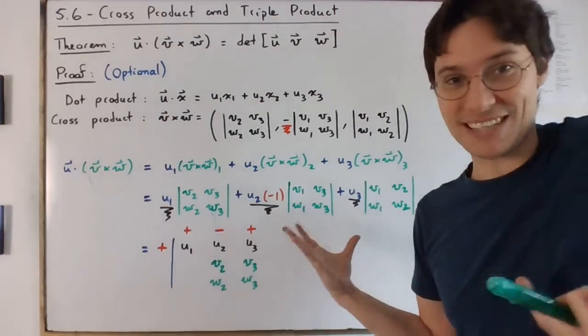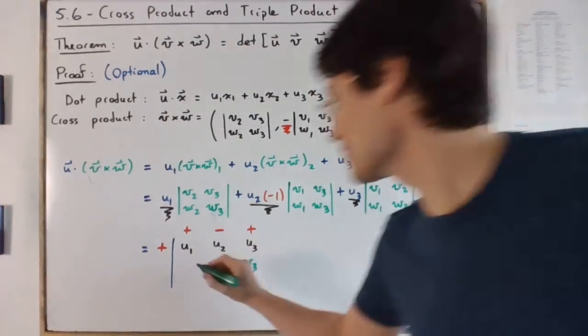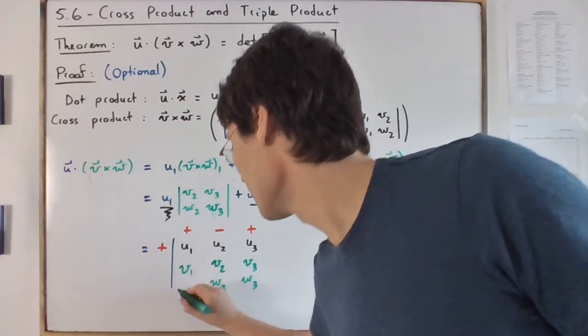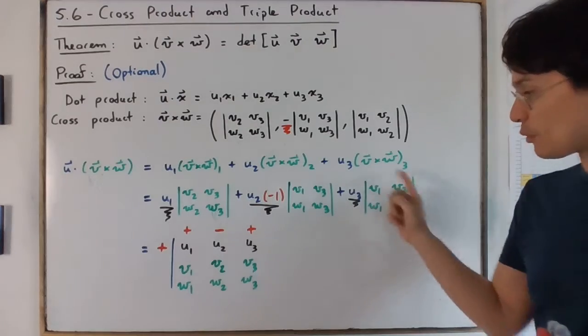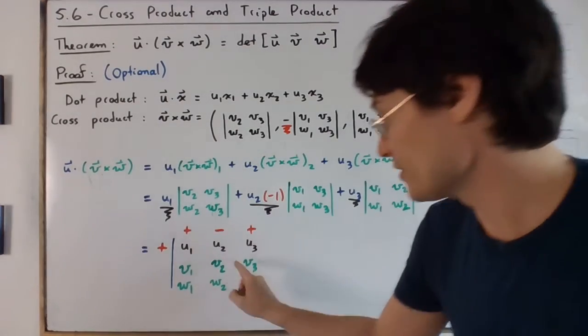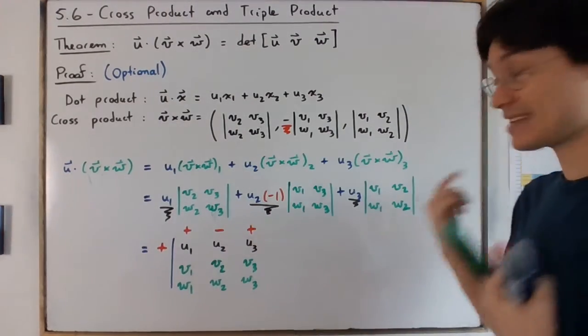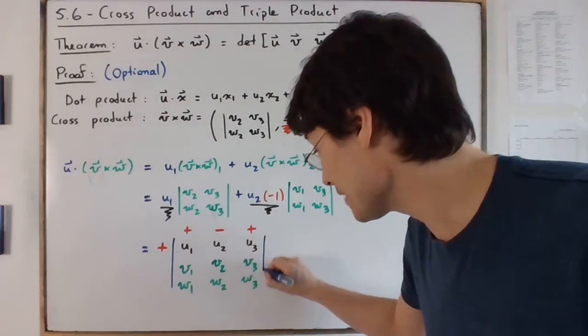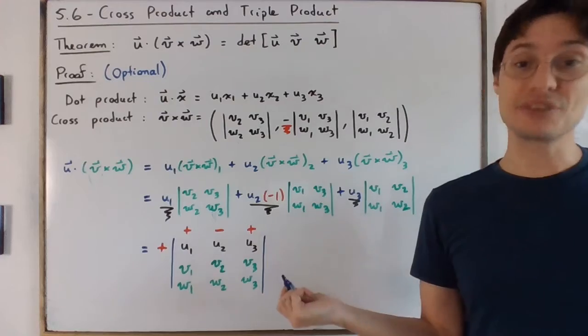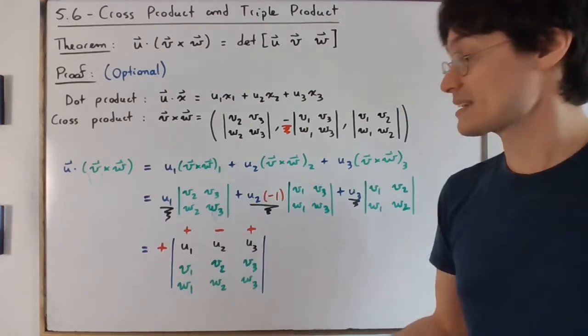Oh, it matches. How amazing! So there you go, you have v1, w1. And for the last component, let's just do a check. This should be exactly this, and we have it. We're super happy. So it turns out that this is the determinant of this guy.